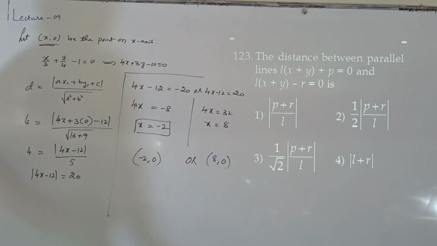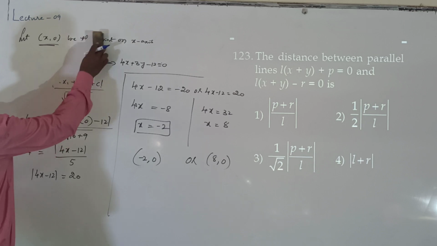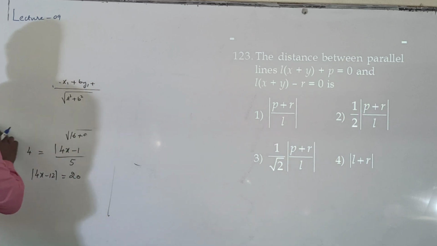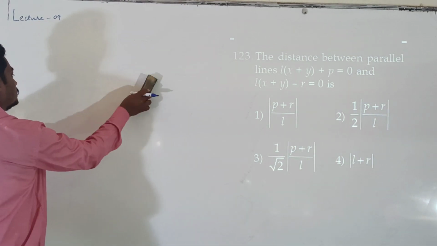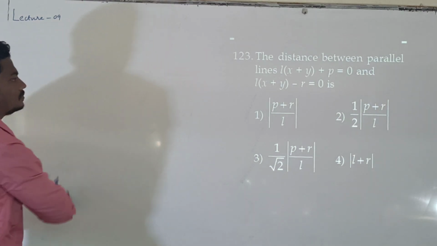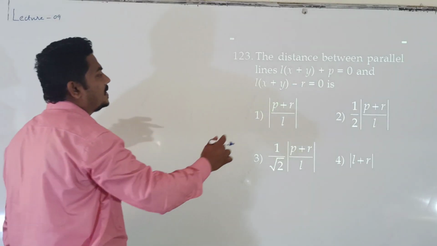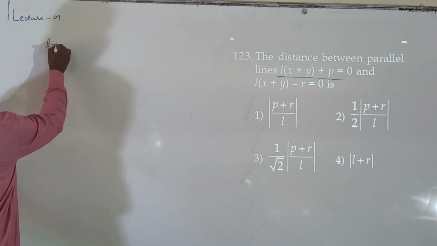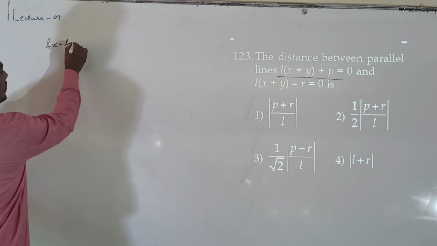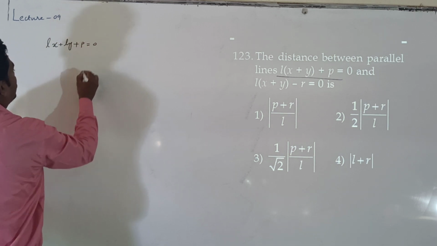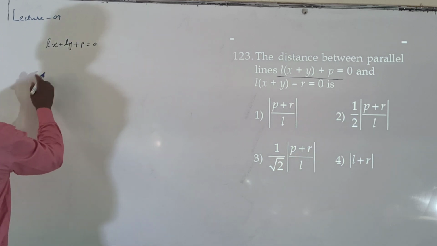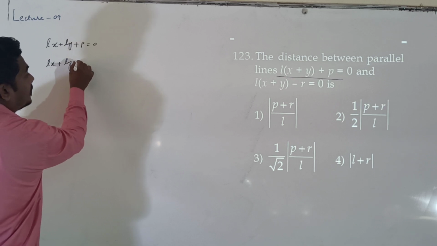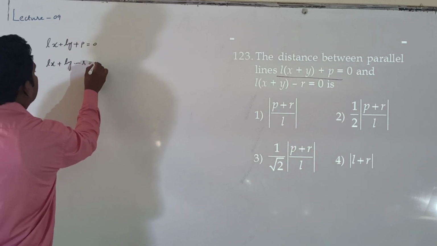Next question, distance between parallel lines. Just write these two lines in the form of ax plus by plus c equal to 0. So just rewrite it: lx plus ly plus p equal to 0. Then line 2 is lx plus ly minus r equal to 0.